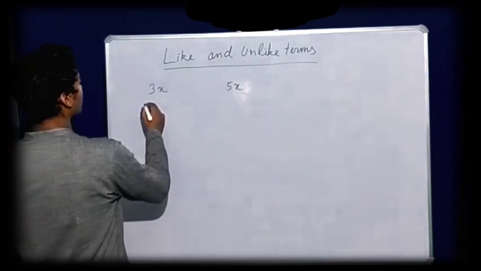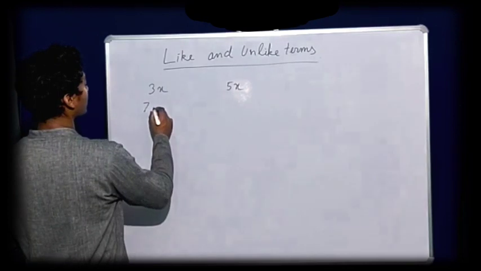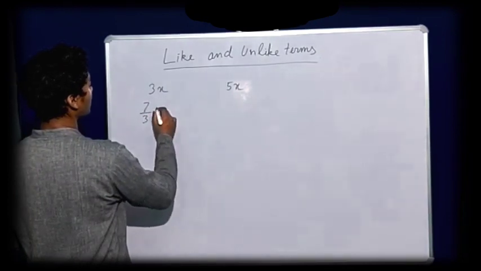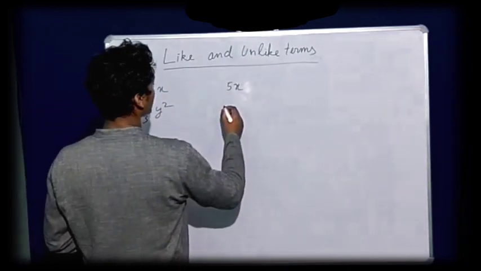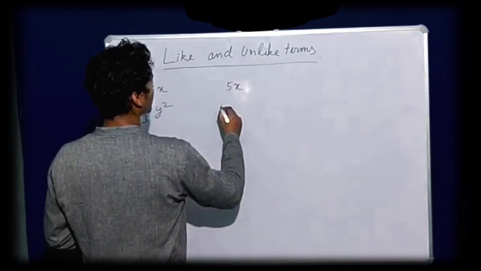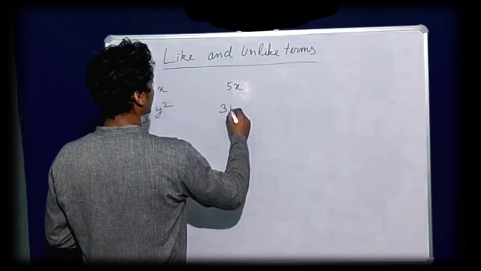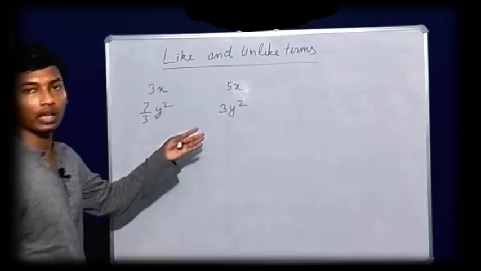If we have 7 by 3 y square and 3 y square, then both are like terms.